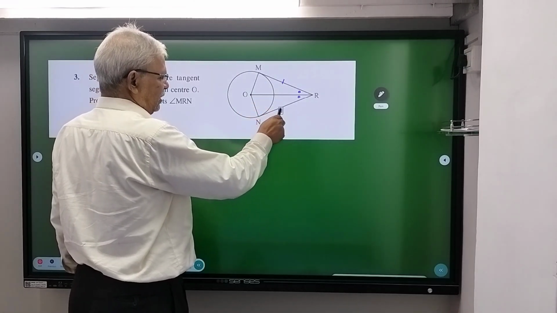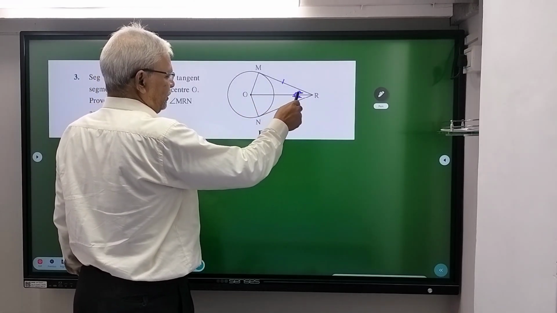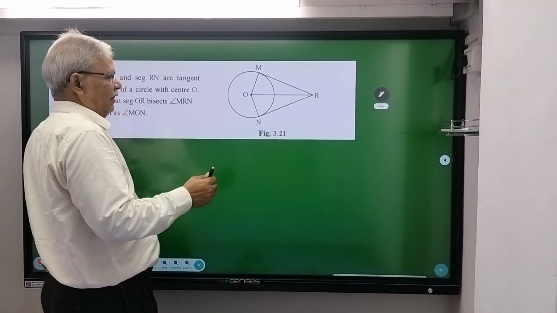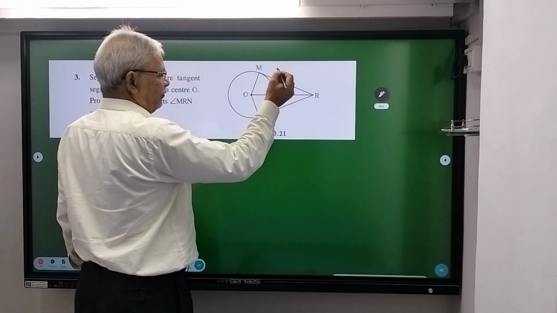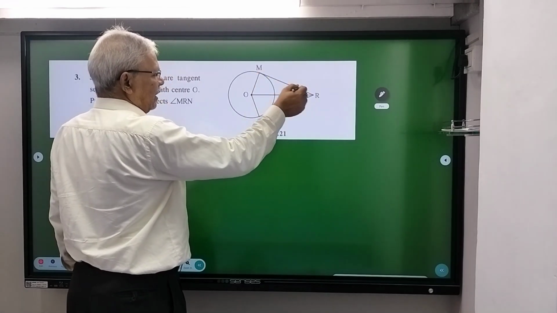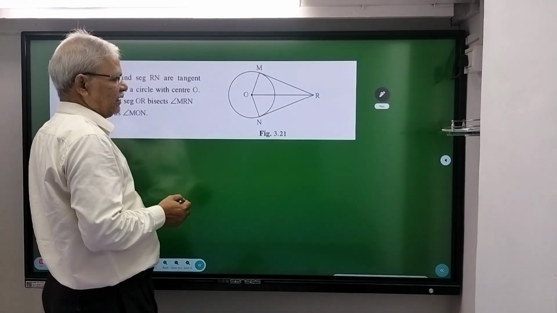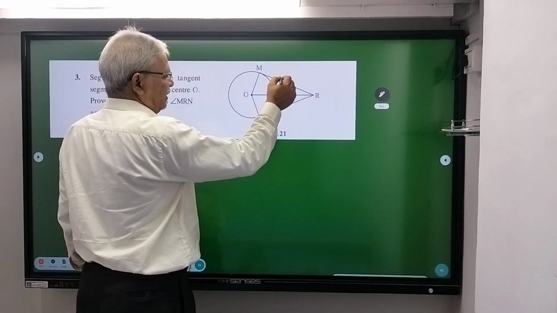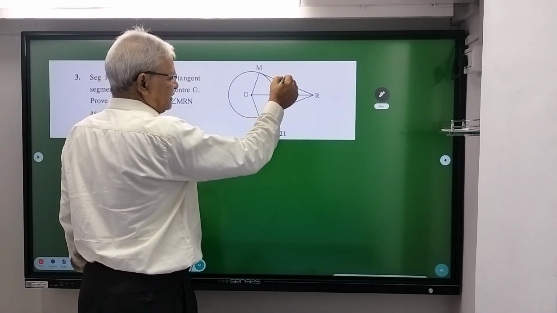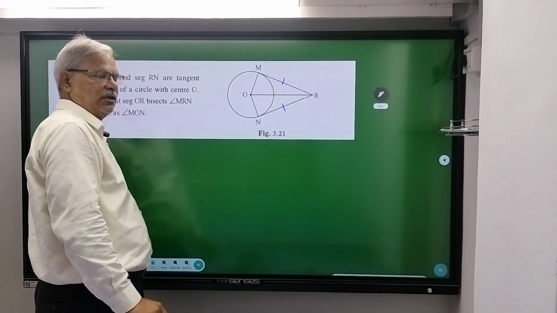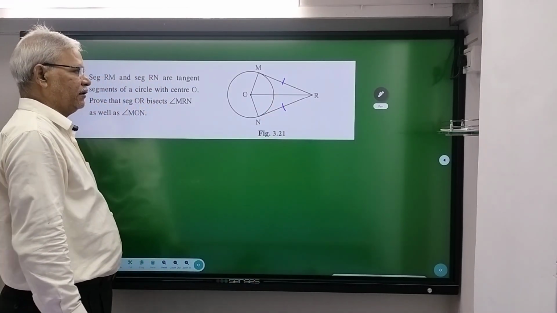Here, first thing given, RM and RN are the tangent segments, and therefore from the tangent segment theorem, these two sides will be congruent.